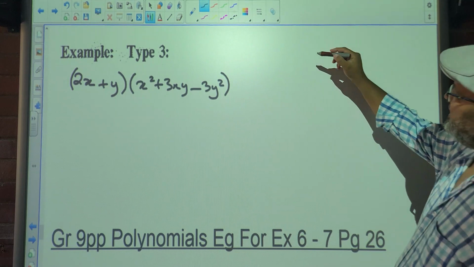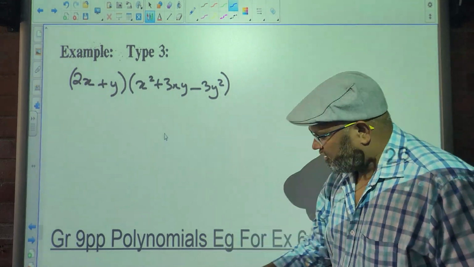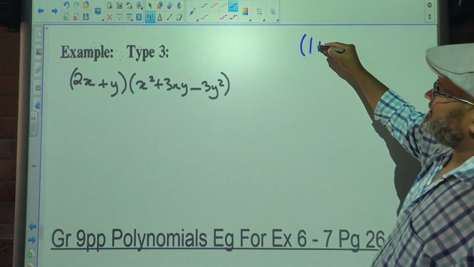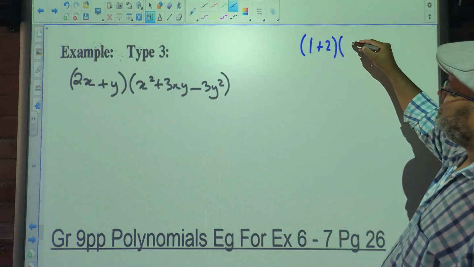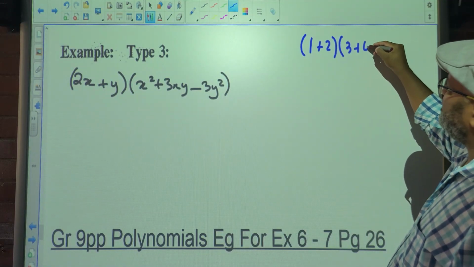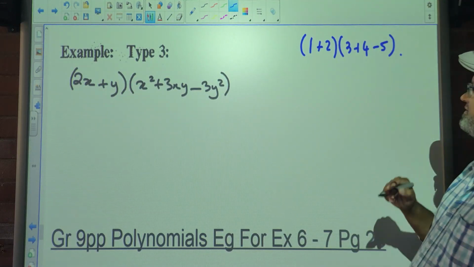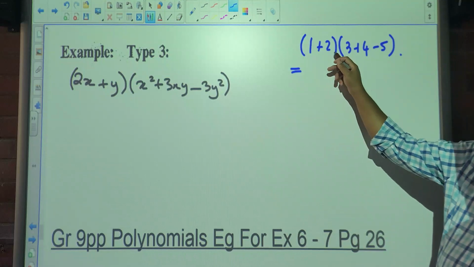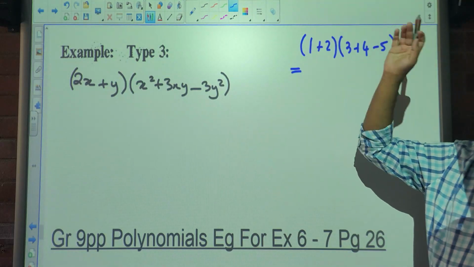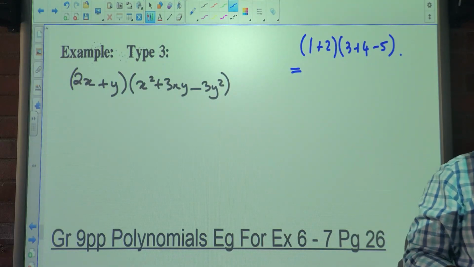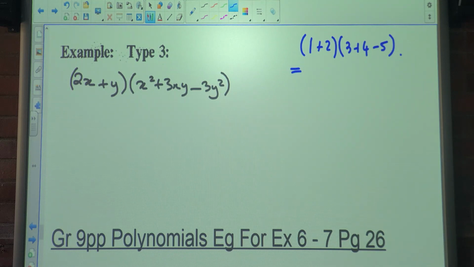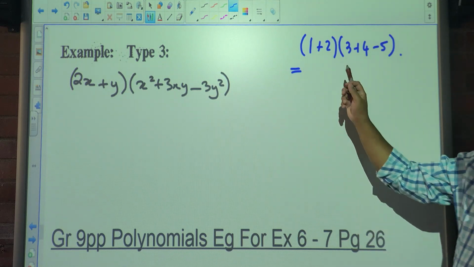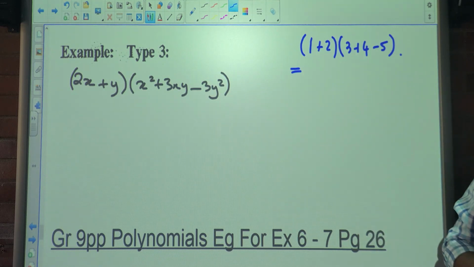You say, okay, if we add, for example, 1 plus 2, multiplied by 3 plus 4 minus 5. According to BODMAS, what would you have done? You would have done the brackets first. So commutative law says you must add first before you multiply.